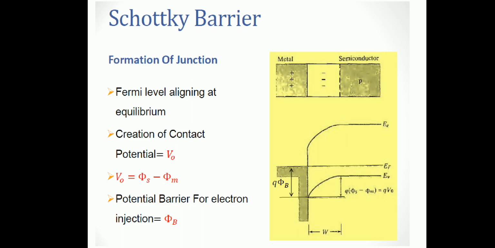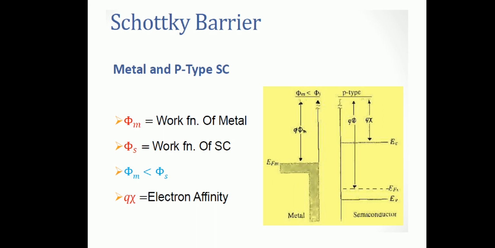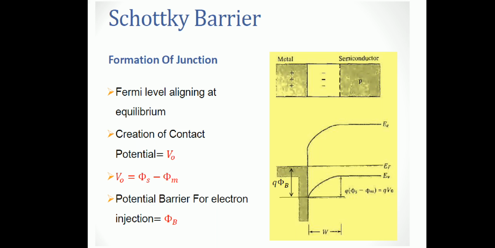In the figure, before contact, the Fermi level of the metal is higher than that of the semiconductor, but when contact is formed, the Fermi levels try to align. To align them, holes move from the semiconductor to the metal. So the semiconductor region gets a negative charge and the metal gets a positive charge.